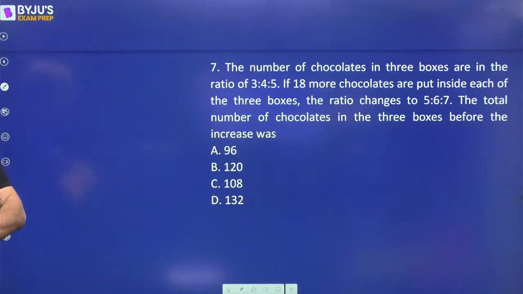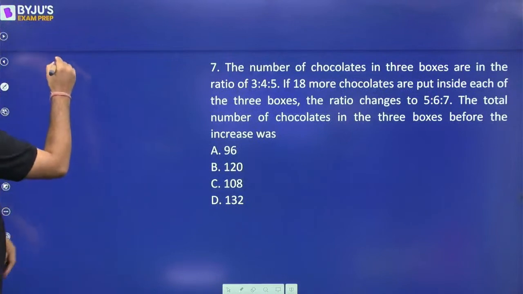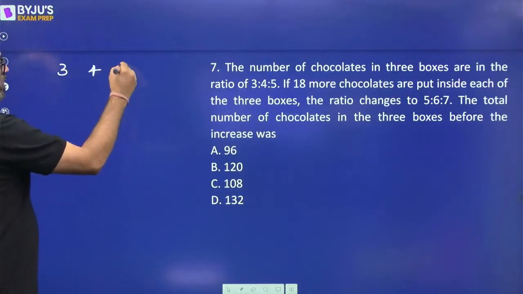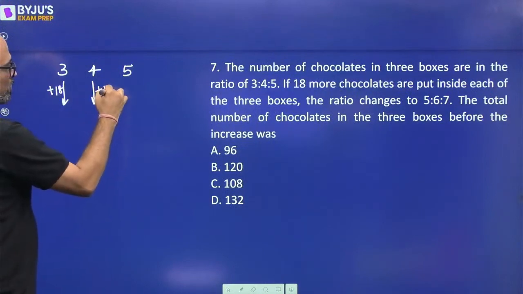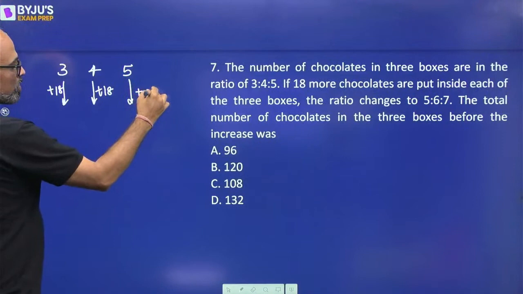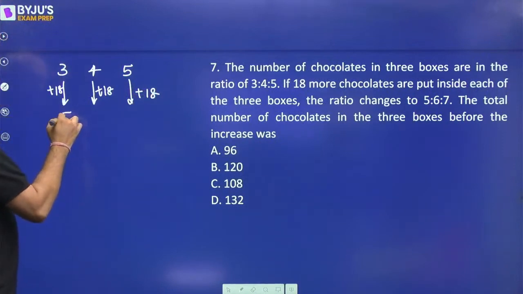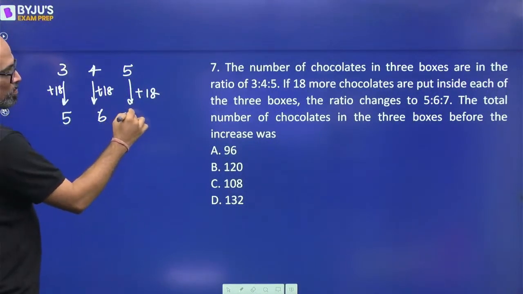This is also a very straightforward question, right? It is 3, 4, 5, then you added 18 to each. Now 3 became 5, 4 became 6 and 5 became 7.